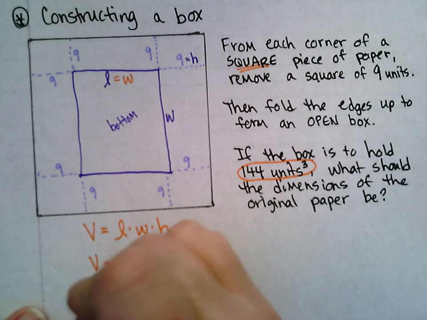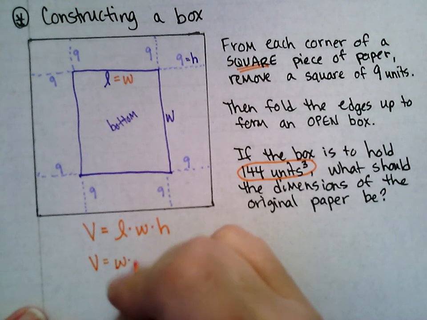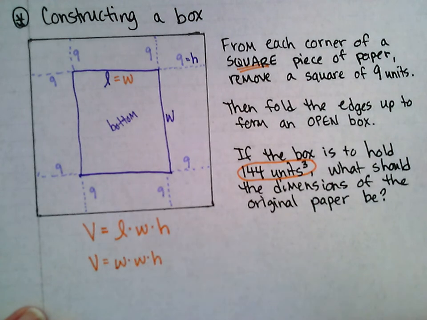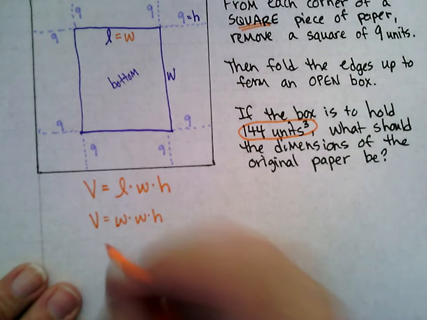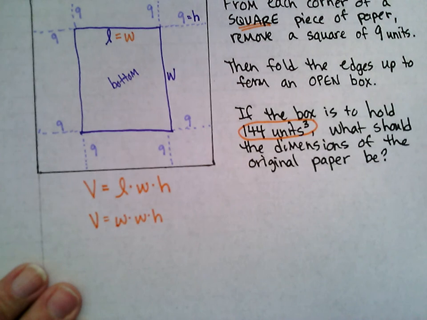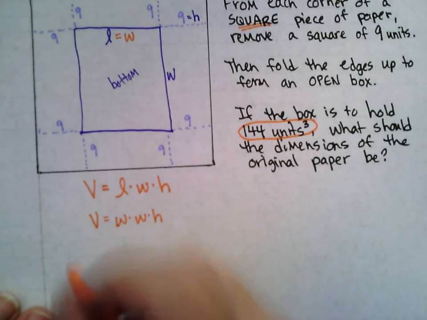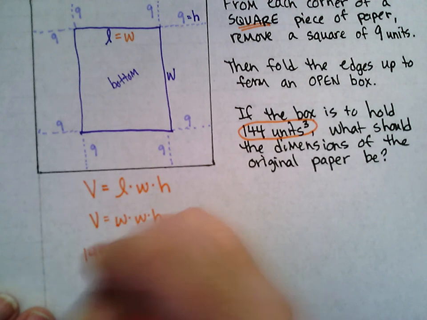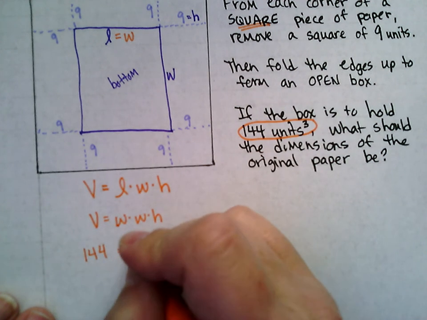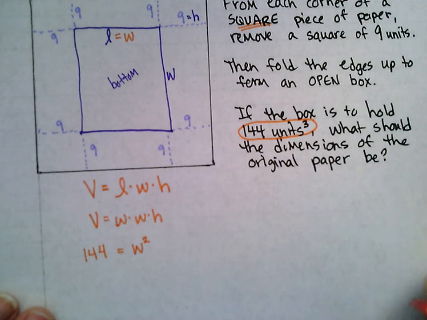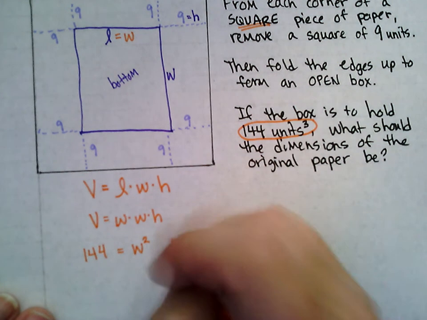So now my volume is width times width times height. And I know the height and I know the volume. So my volume was 144. The width I don't know, so I'll go W times W is W squared, and the height is 9.